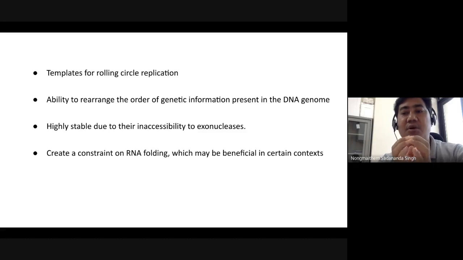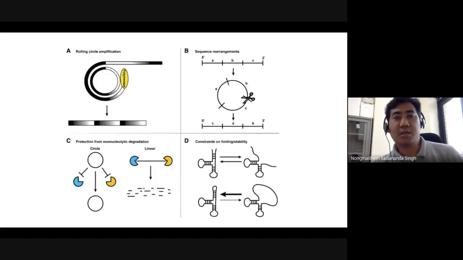So it is more stable, and the structure can be recognized by certain RNA binding proteins more often. So it can increase the binding affinity as well. Going ahead, as I was telling you just now, there are 3 or 4 ways in which RNA circularization can help.